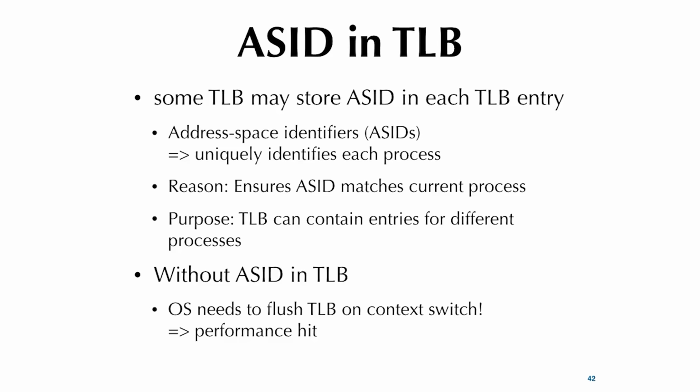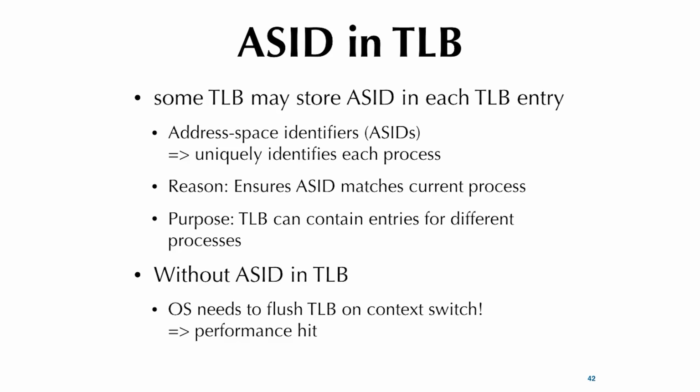But it just took you a while to warm up the TLB entries, because every time you miss, the OS takes over, and that's more time. So this can be a big performance hit if you have to flush the TLB, because then you lose all that locality, even if your cache is all hits.